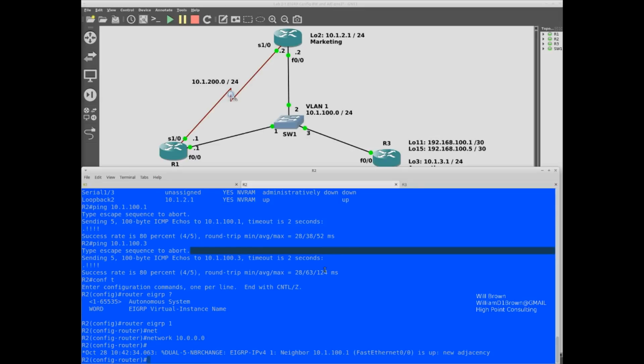And almost immediately we get a neighbor change for EIGRP for IPv4 with AS 1. Neighbor 10.1.100.1 via fast Ethernet 0/0 is up, new adjacency.